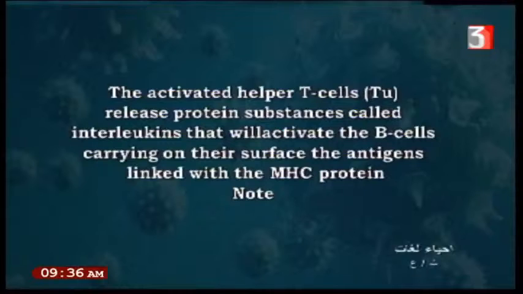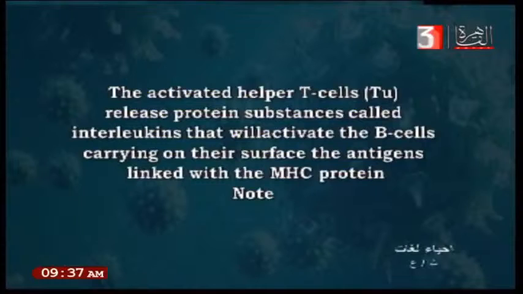The activated helper T cells release protein known as interleukins that will activate the B cell, carrying on its surface the antigen linked with the MHC protein.